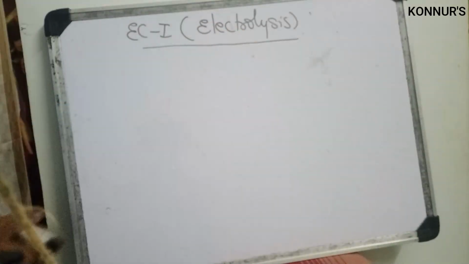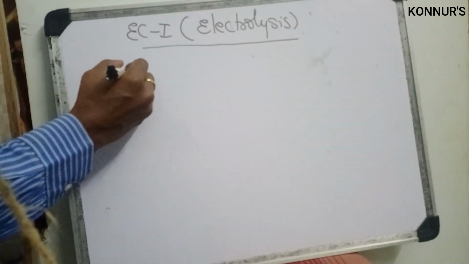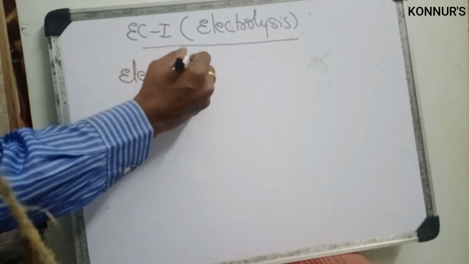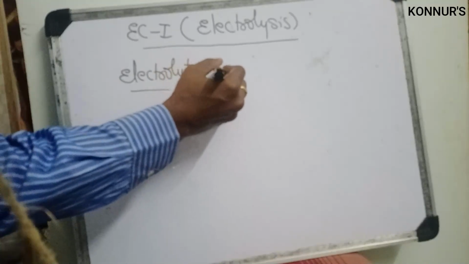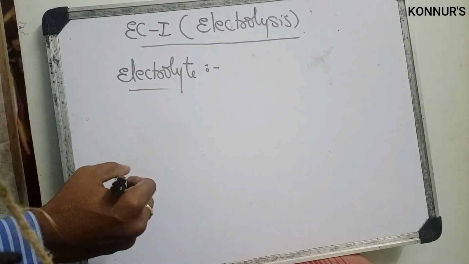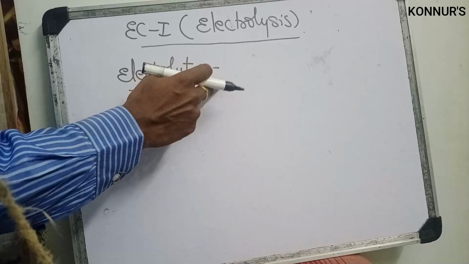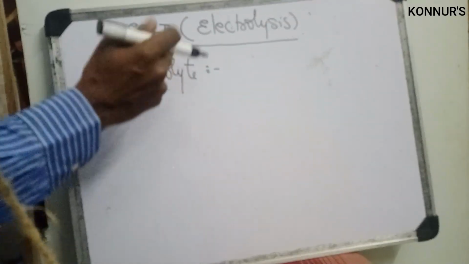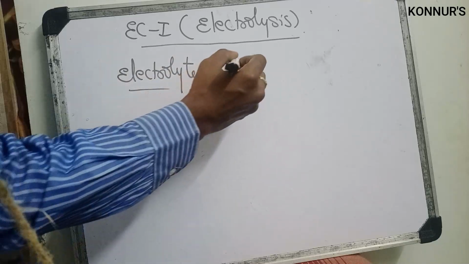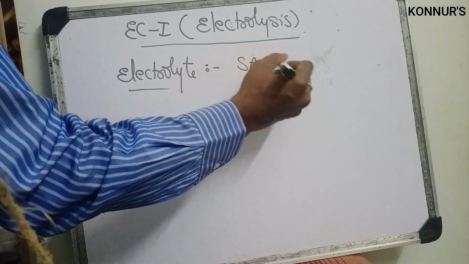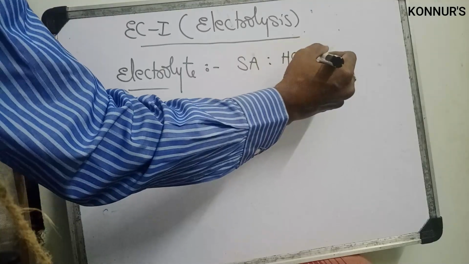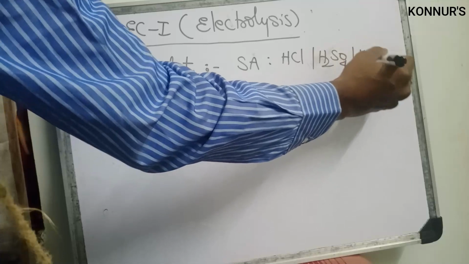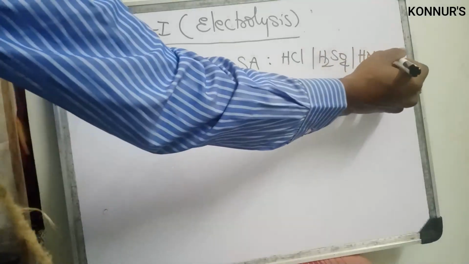Before going to this, we will first discuss the electrolyte. Which one do you call an electrolyte? The chemical substance which is dissociated into ions and transports the current. Only then do you call it an electrolyte. What can you take? Strong acids, so you take HCl, H2SO4, HNO3, like that.